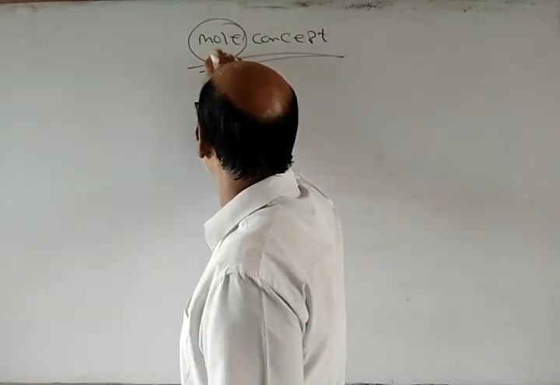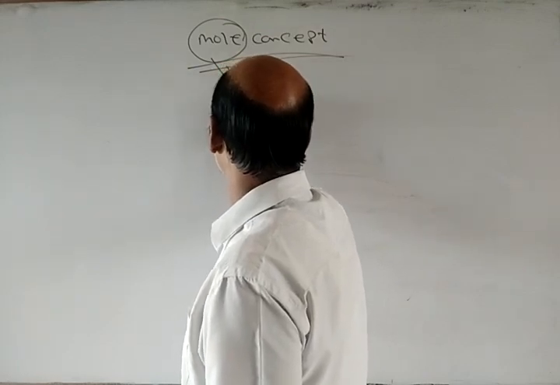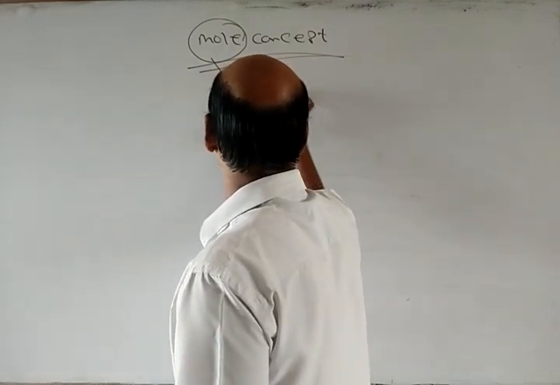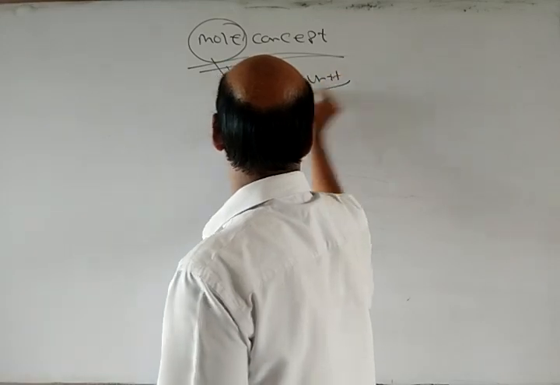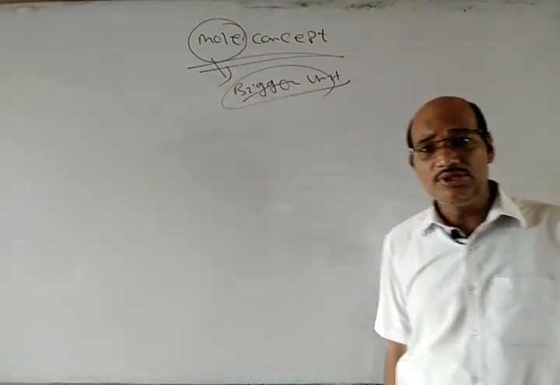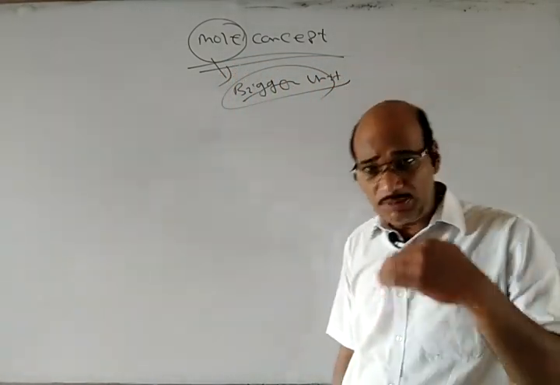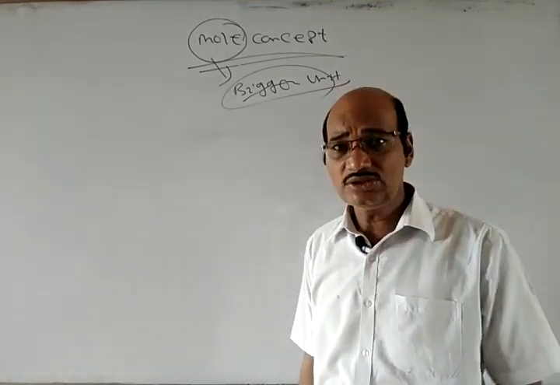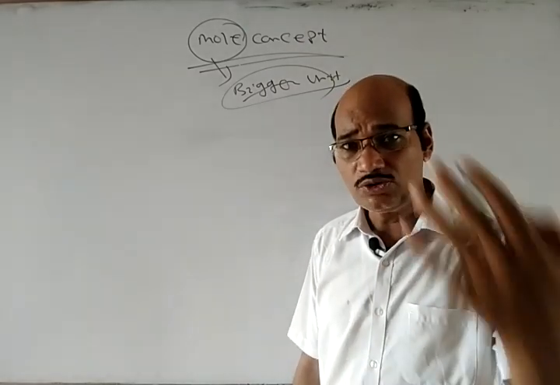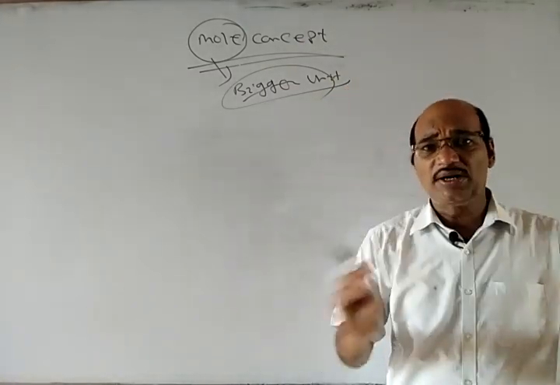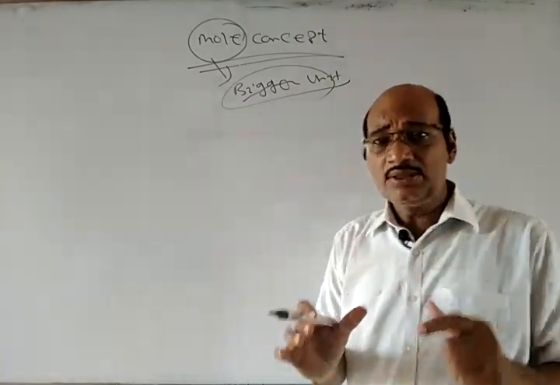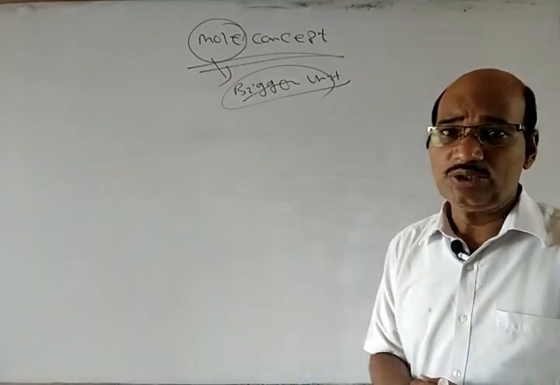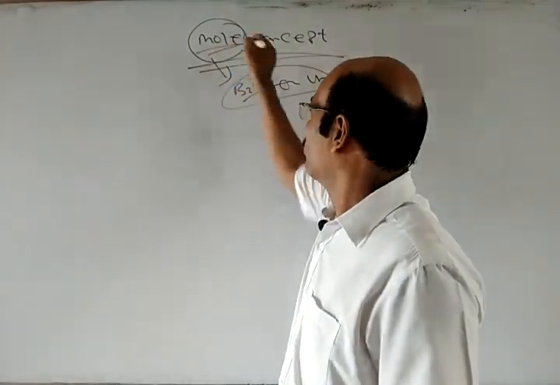A mole is a bigger unit that is used to express the number of atoms or molecules or ions, electrons, protons, neutrons, whatever kind of small particles there are. To express such big numbers, we use the word mole.